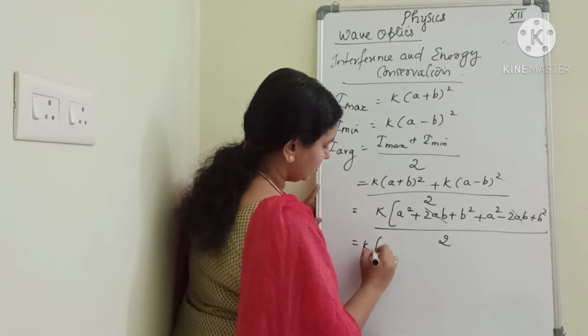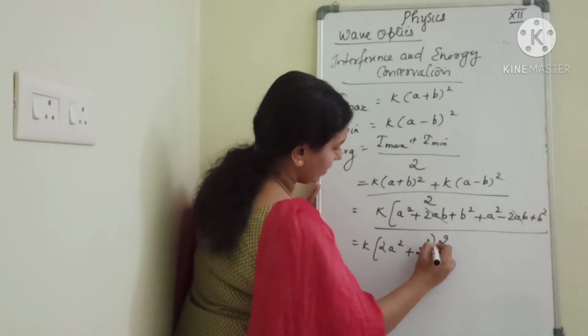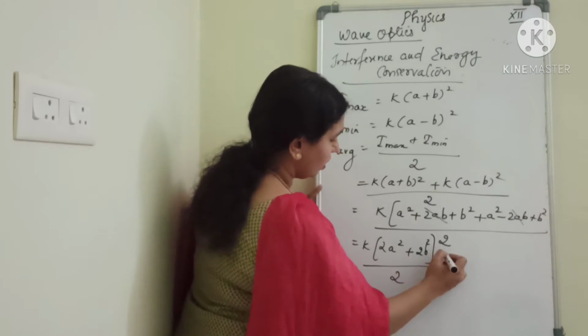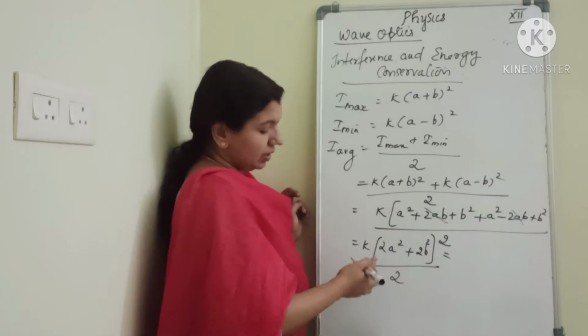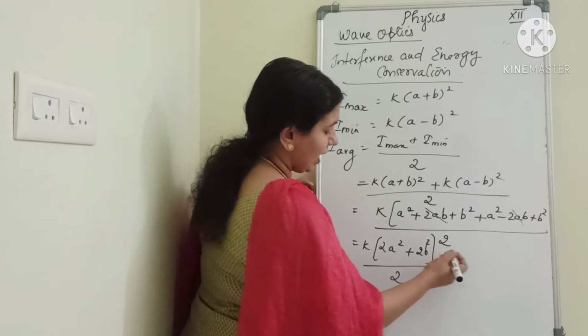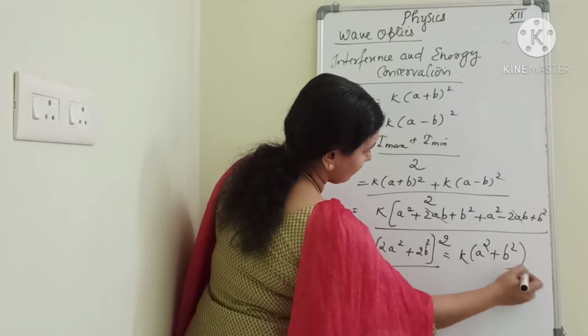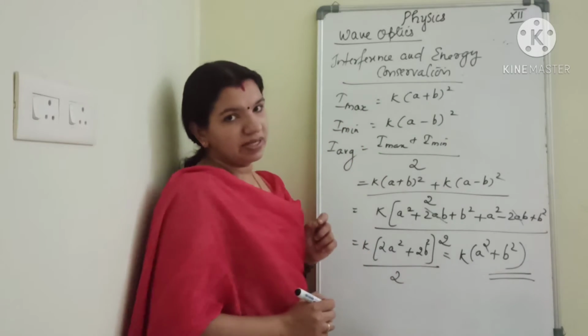Then K into (2A square plus 2B square) by 2, and the 2 gets cancelled. So the final answer is K into (A square plus B square).